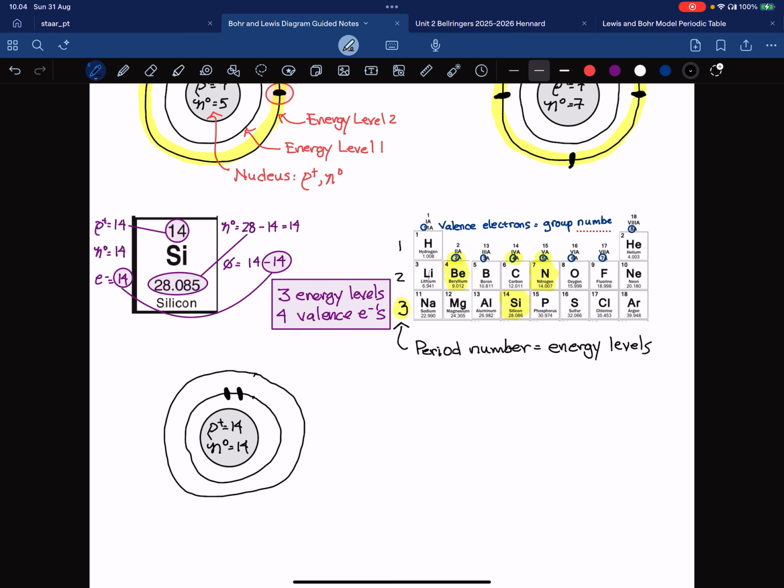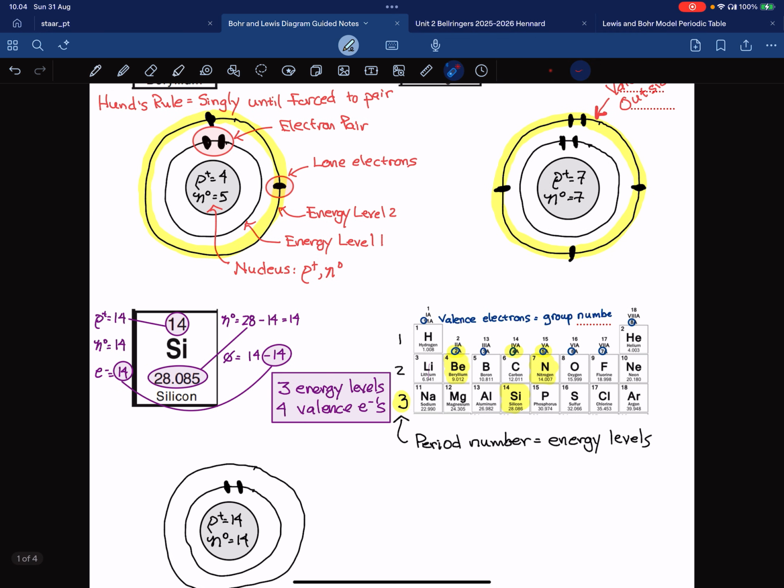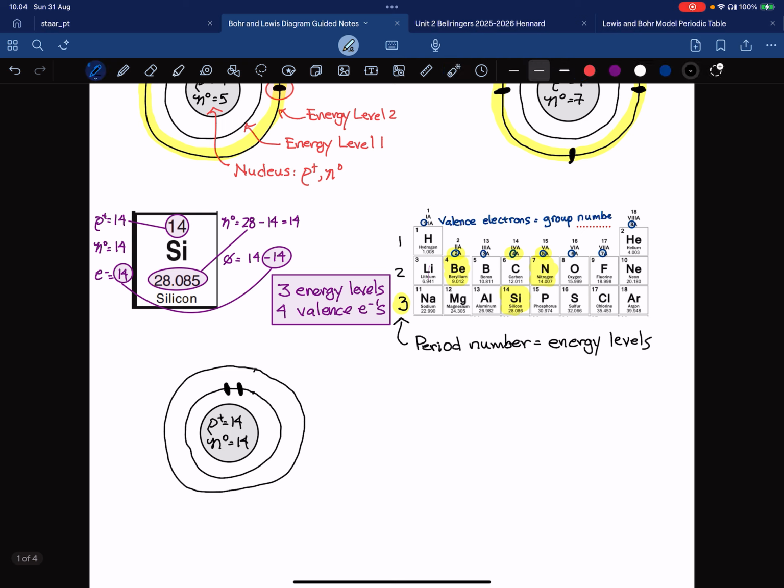The second energy level, not very good at drawing circles, but the second energy level has a maximum of 8 because there are 8 elements in the second period. Put them in singly until forced paired. Hund's rule. 1, 2, 3, 4, 5, 6, 7, 8.